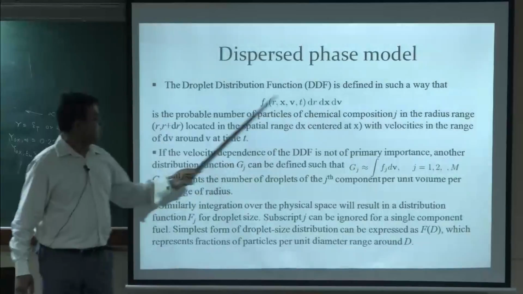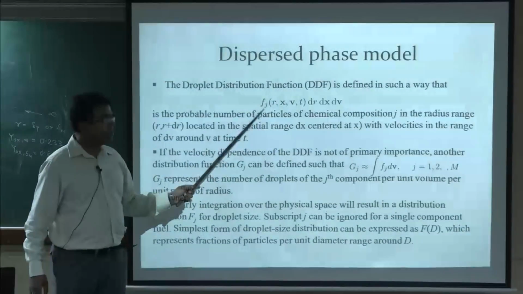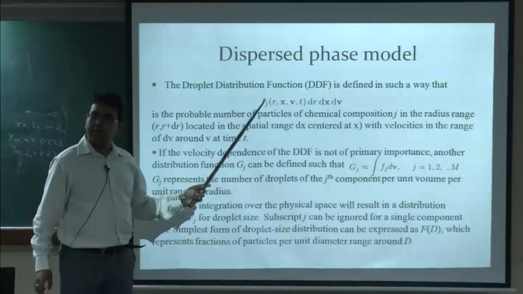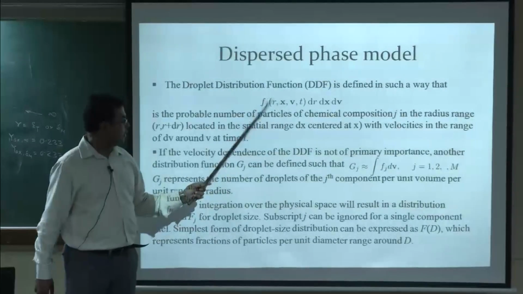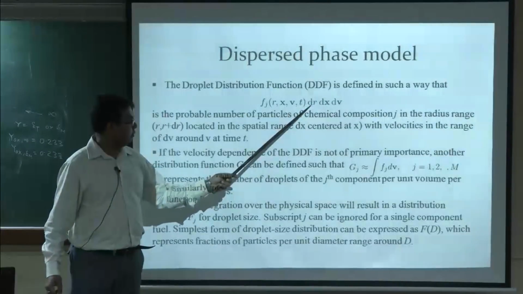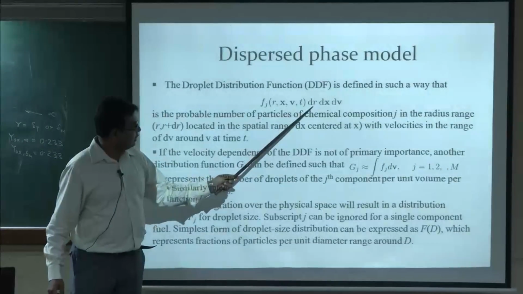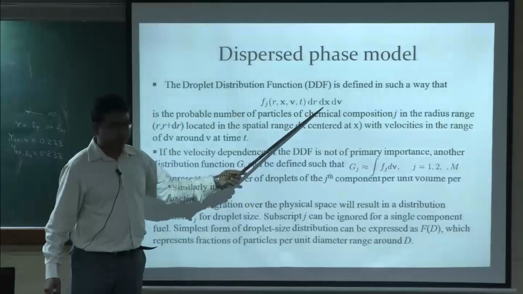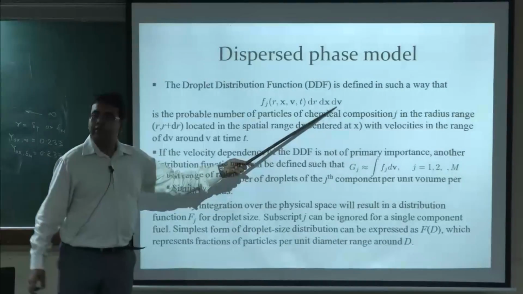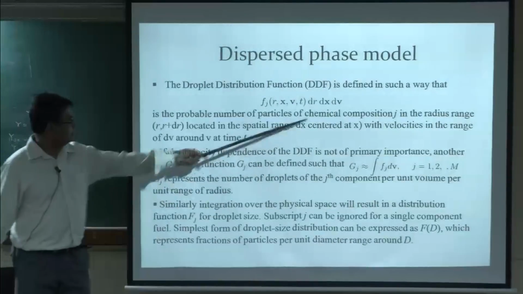Okay. So, this is the distribution function fj, and this is the total probability of having the droplet within the range of radius dr, and then the spatial location dx, which is basically 3-dimensional space, and then the velocity, which is also 3-dimensional.